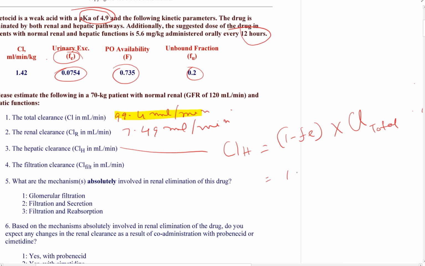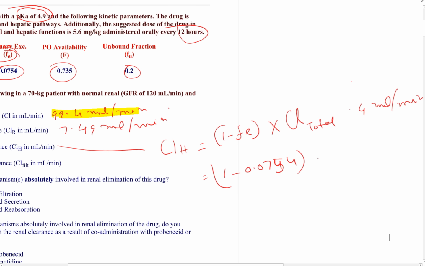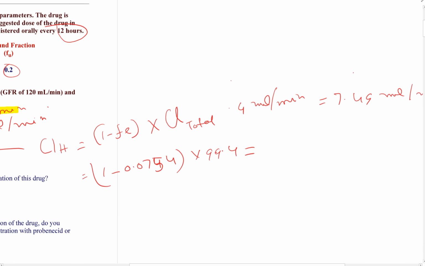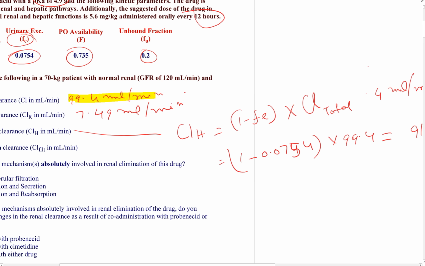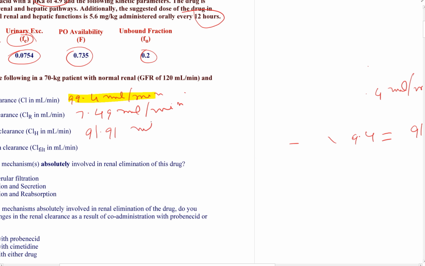So 1 minus 0.0754 times 99.4 would be 91.91 milliliter per minute. Okay, so this is our hepatic clearance: 91.91 milliliter per minute.